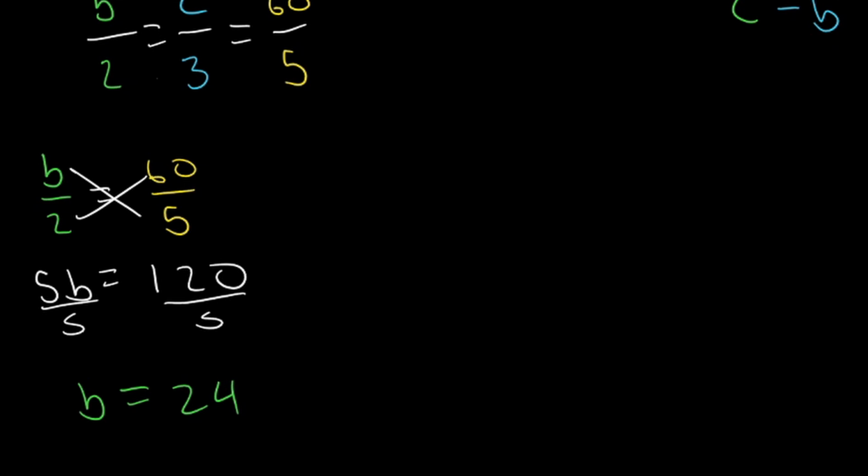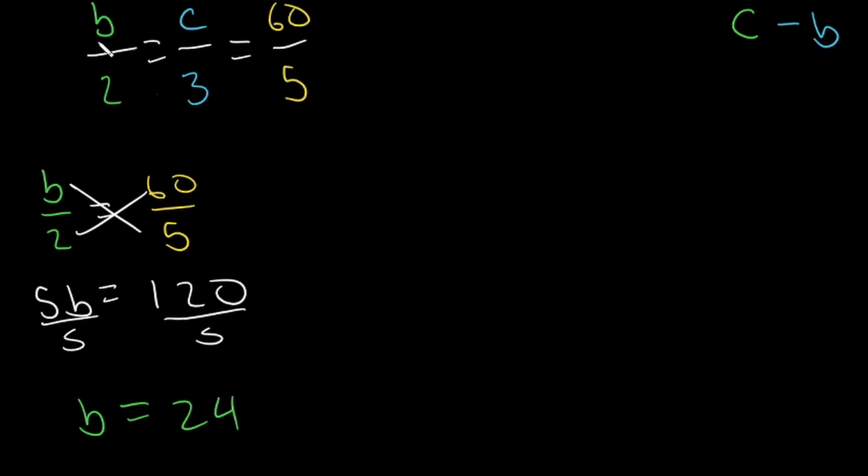So now we still need to solve for C. So let's set our ratio of 60 over 5 and set that equal to C over 3. So we have C over 3, or C to 3, is equal to 60 to 5. And now we just cross multiply.